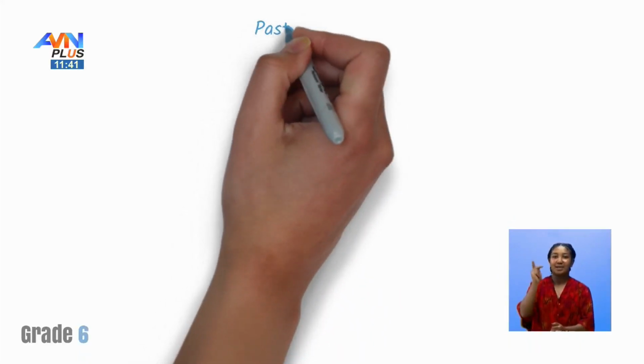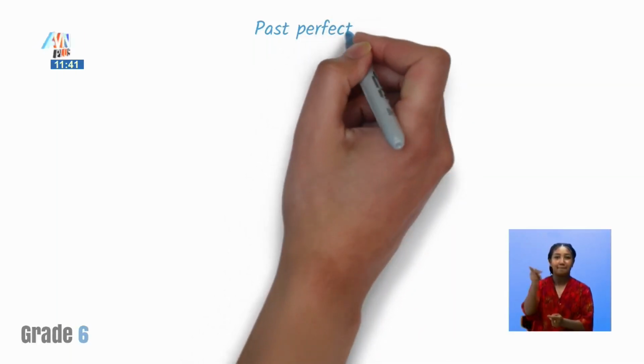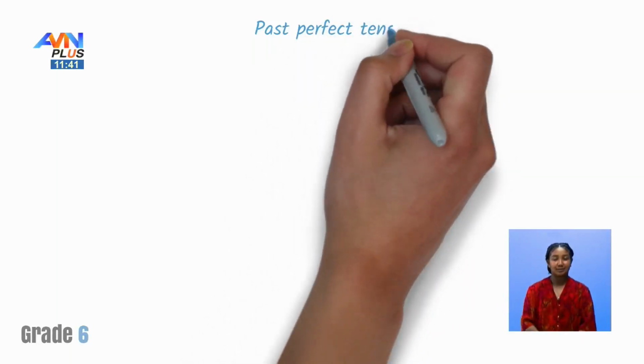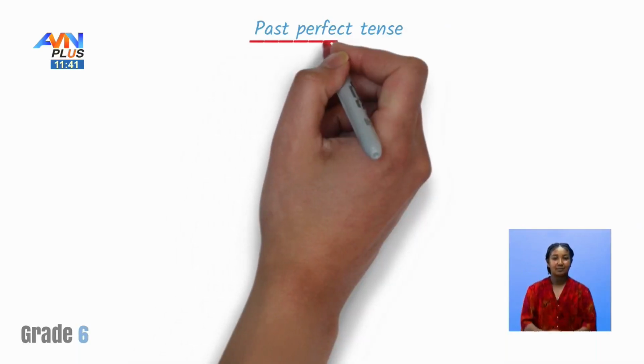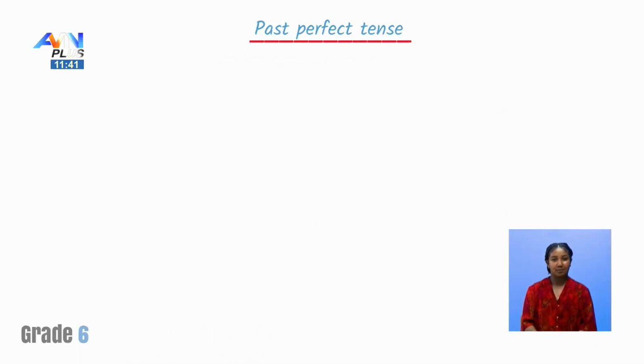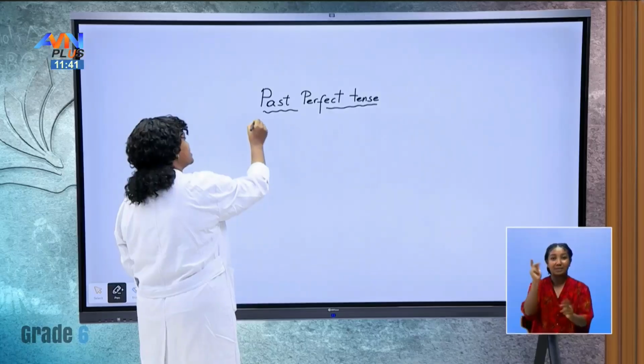Past perfect tense. All right. Last time, when we talk about this past perfect tense, we said that the form of past perfect is what?